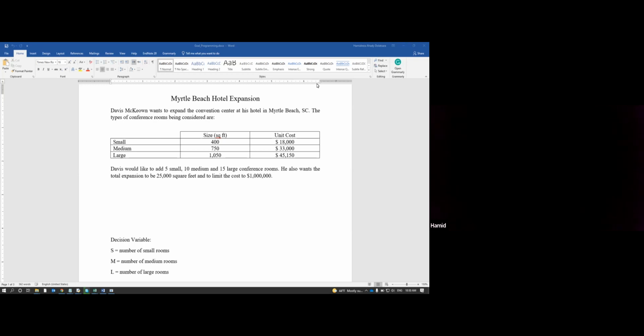So in these cases, we may not be able to achieve exactly what we are looking for, but we want to have a minimum deviation. Let's say if you want 5 small rooms, maybe 6 or 4 is close to what you are looking for. Maybe for 10 medium rooms, 9, 11, maybe 12 would be close, or for 15, maybe 13, 14, or 16.